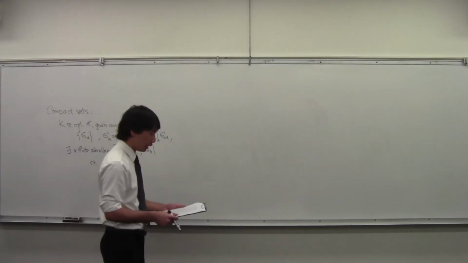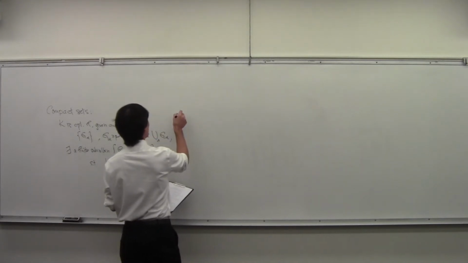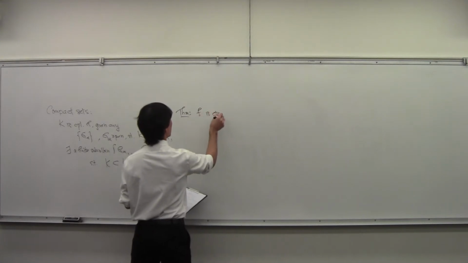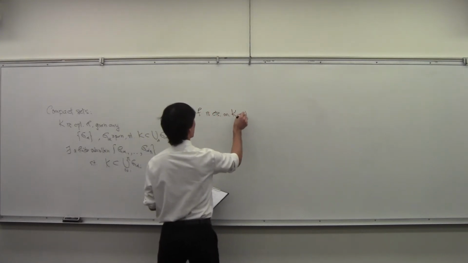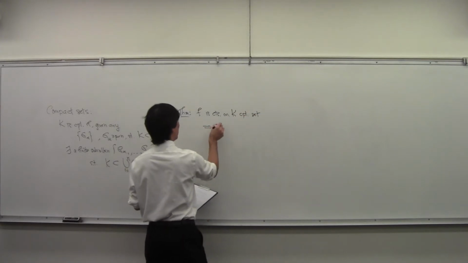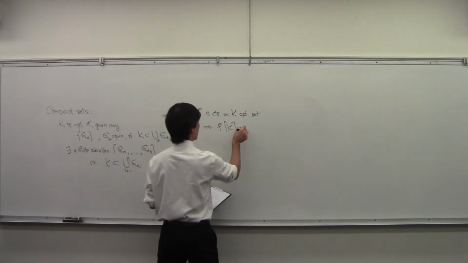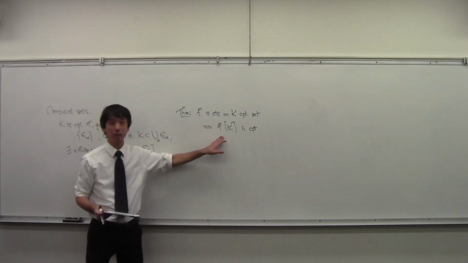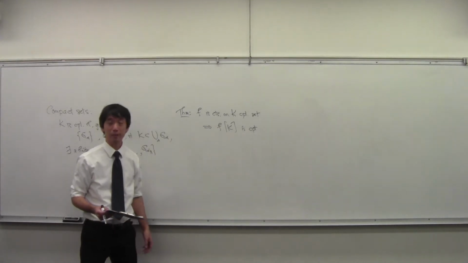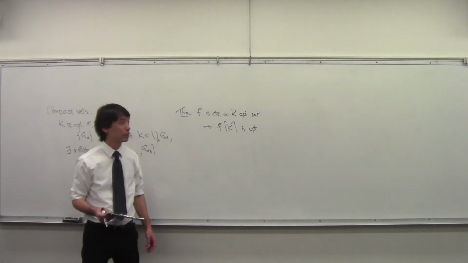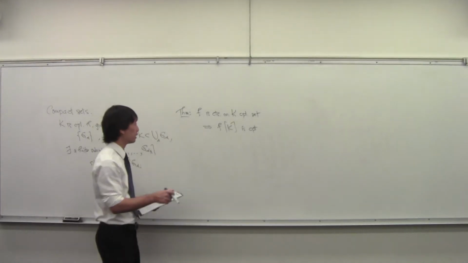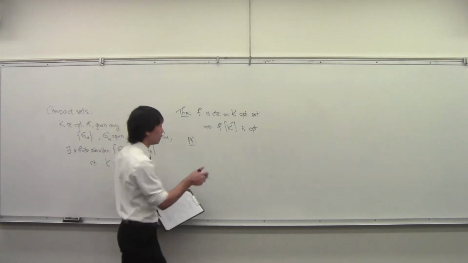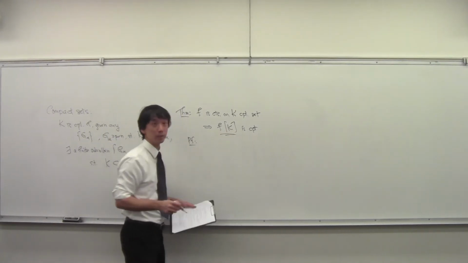Okay. One of the problems that I had you do for your homework was the following: if F is continuous on K, a compact set, then F of K is itself compact. The continuous image of a compact set is itself a compact set. So we want to show that this thing is compact.